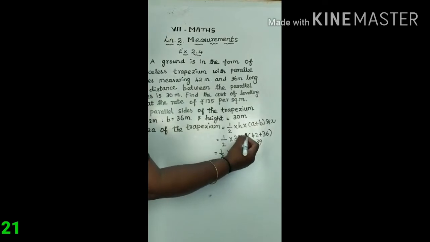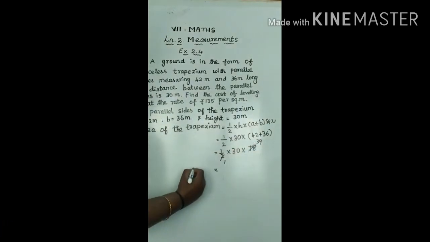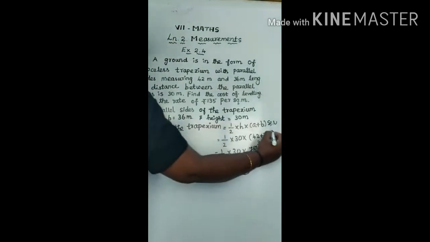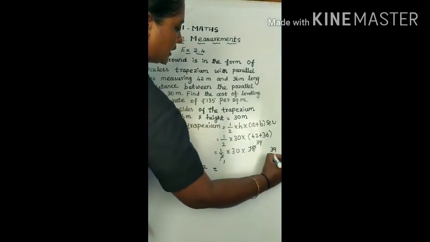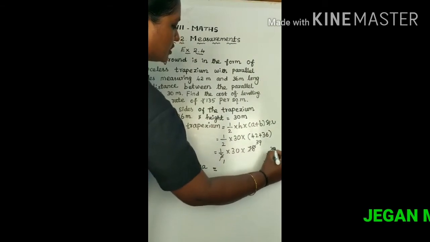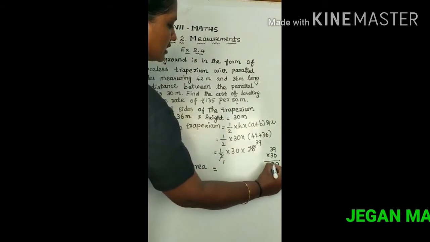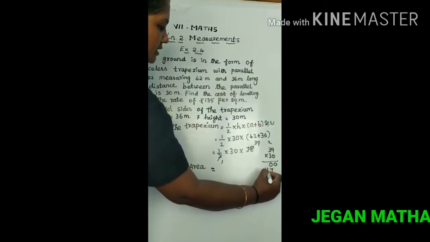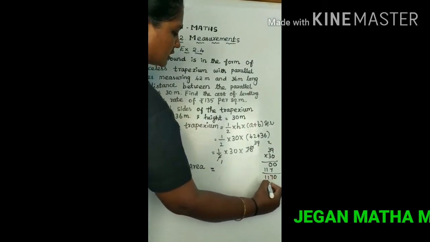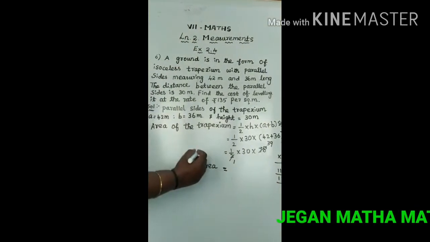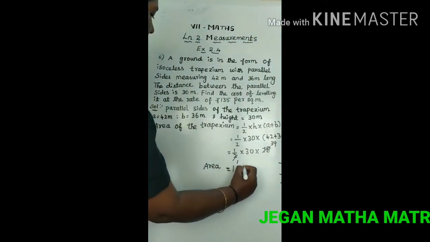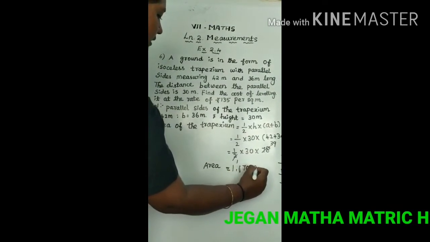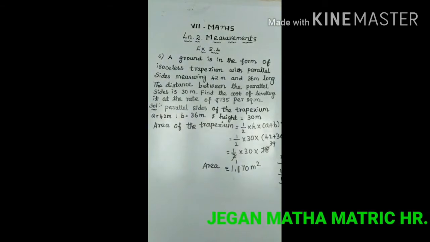So we multiply 30 into 39, and the area is equal to 30 into 39. 39 multiplied with 30: 0 into 9 is 0, 0 into 3 is 0, 3 9s are 27, remainder 2, 3 3s are 9, so 1170 meter square. So the total area of the trapezium is 1170 meter square.